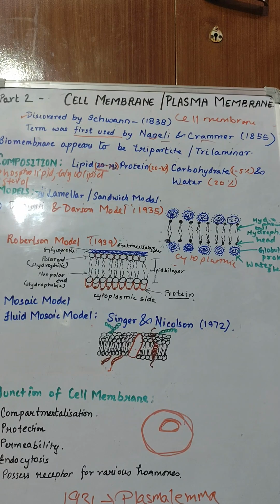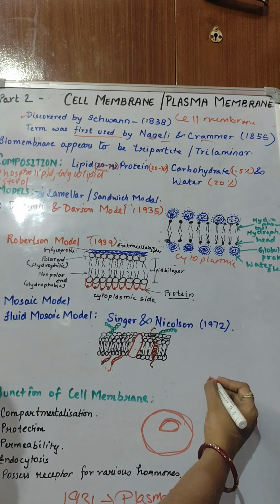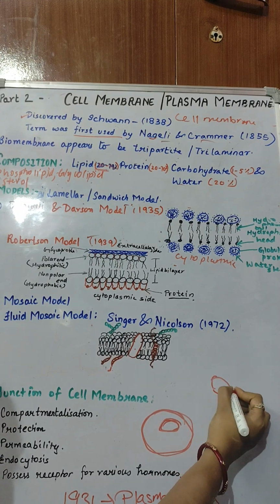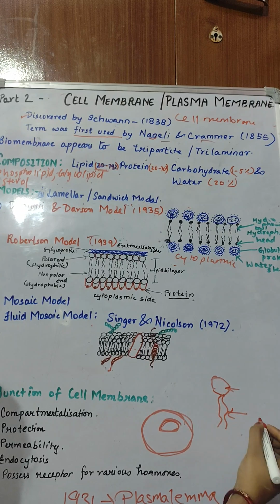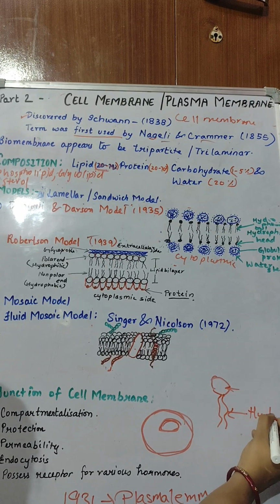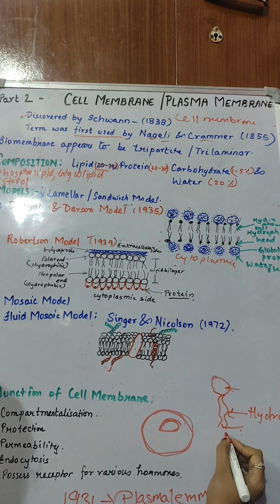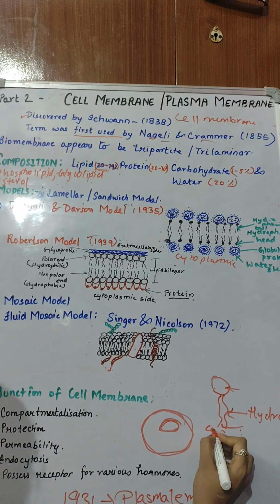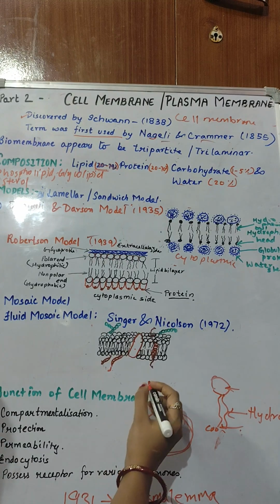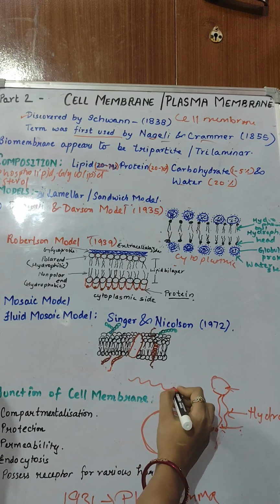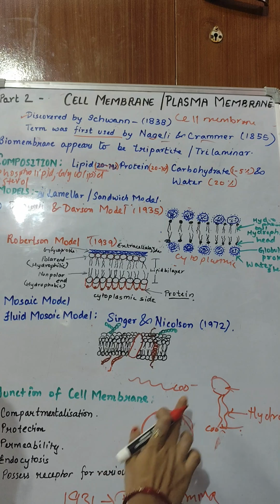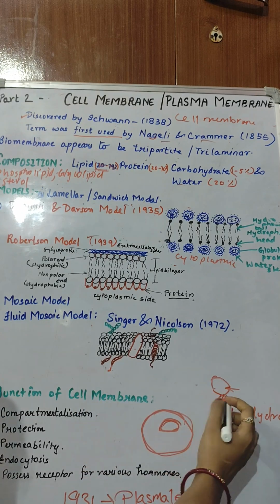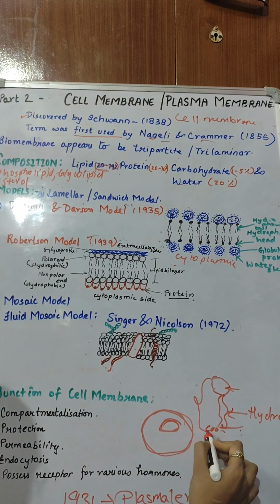It has both a polar head and a non-polar tail. It is something like this: a polar head which is phosphate containing, and a non-polar, or you can say hydrophobic, tail. This is the fatty acid chain tail, containing a carboxyl group. You know what a fatty acid is, na? It is a hydrocarbon chain containing a carboxyl group at the end. So this is a lipid molecule.